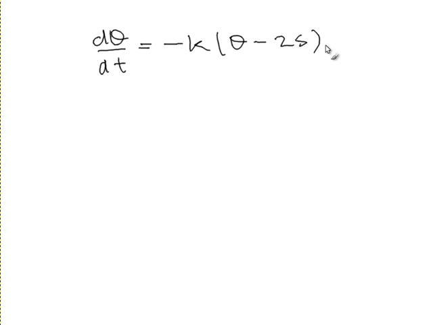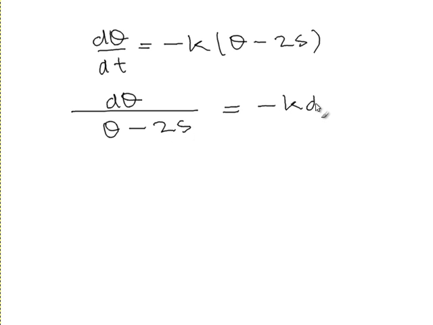And I think you can see that this one is very obviously solved by separation of variables, because simply rearranging it, dθ divided by (θ minus 25) is equal to minus k dt. The left hand side is purely a function of theta and the right hand side is purely a function of t, so we can integrate both sides independently.